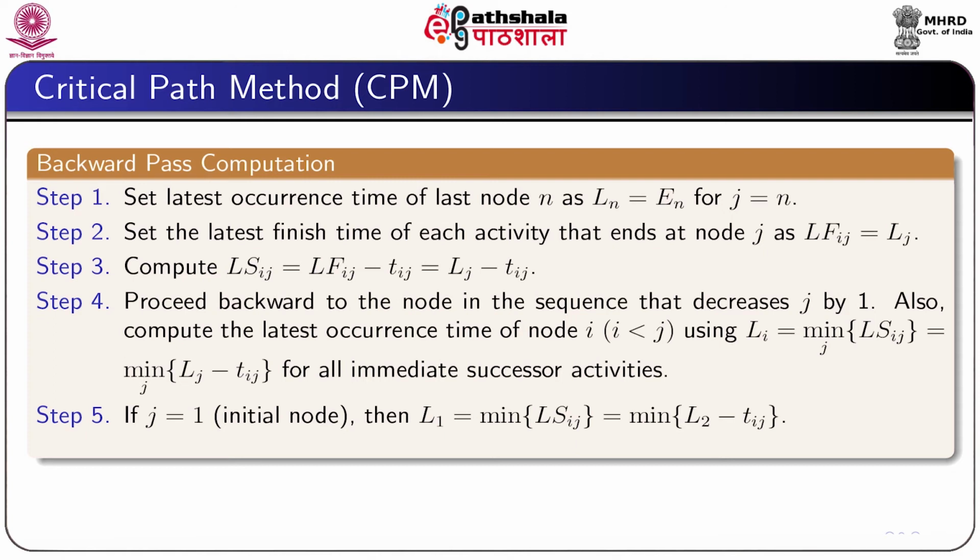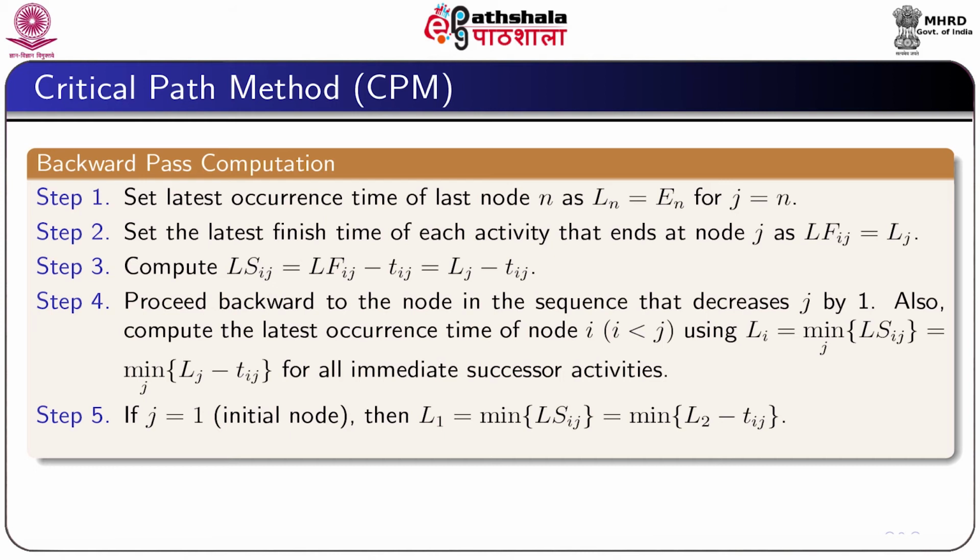Then compute LSij equal to LFij minus Tij, where Tij is the activity time. So, we get LSij equal to Lj minus Tij.